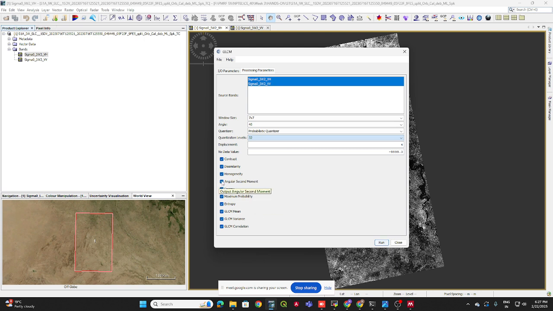It will take more time, so let's deselect a few and keep the ones we are generally most interested in. Let's just calculate all this, then we'll see the output.